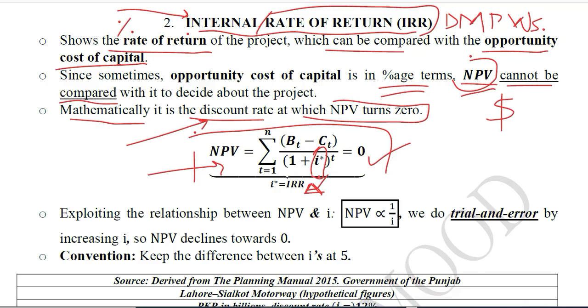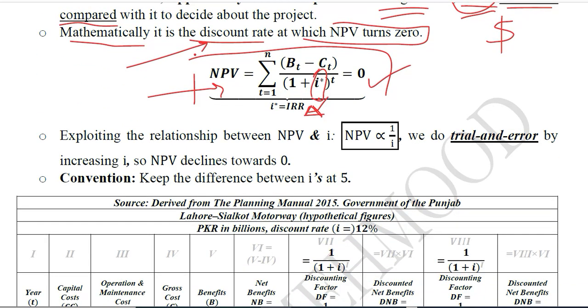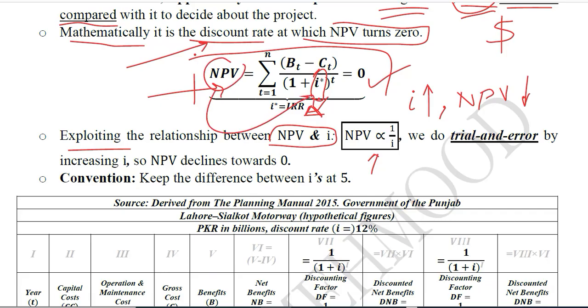We are trying to find out the certain discount rate, and for that we have to do a little bit of trial and error. And for that we can exploit a certain relationship between the NPV and discount rate, which is the inverse relationship. As we know, when the discount rate increases, the NPV will decrease, because the very formula has both of them in a way which are going to be inversely related with each other.